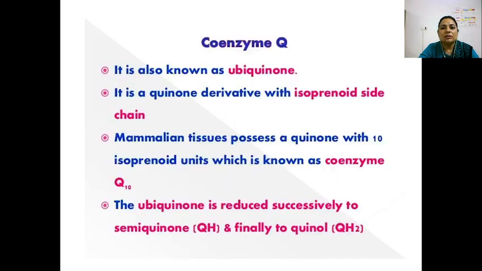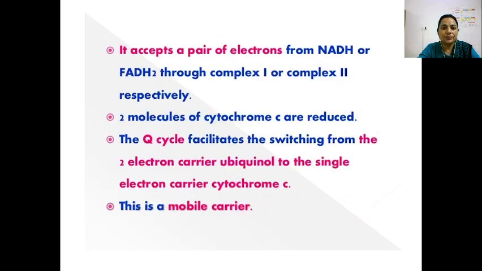Then about the coenzyme Q. It is also known as ubiquinone. It is a quinone derivative with isoprenoid side chain. Mammalian tissues possess a quinone with 10 isoprenoid units, which is known as coenzyme Q10. The ubiquinone is reduced successively to semiquinone, that is QH, and finally into quinol, that is QH2.